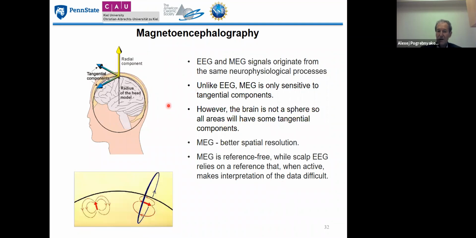Magnetic signals from the brain are much smaller than electric signals. So electroencephalography measures much stronger signals than magnetoencephalography, but magnetoencephalography has many advantages.